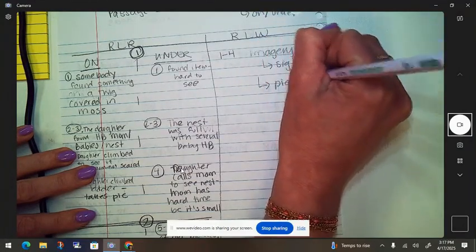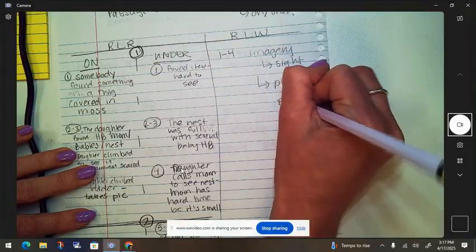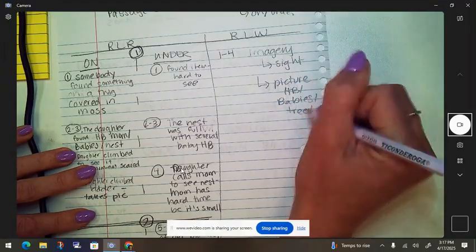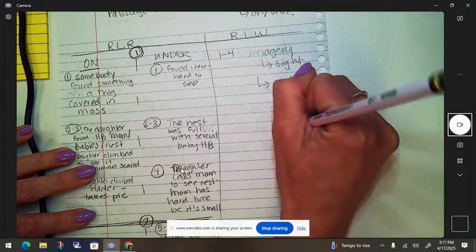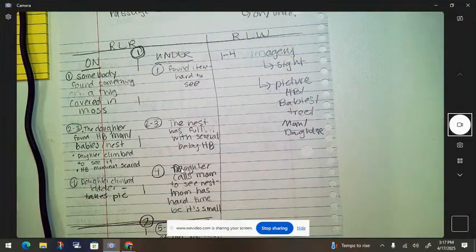The babies, and the tree with all the lichen, and the mom and the daughter and the ladder, like all of that's very visual. Okay.